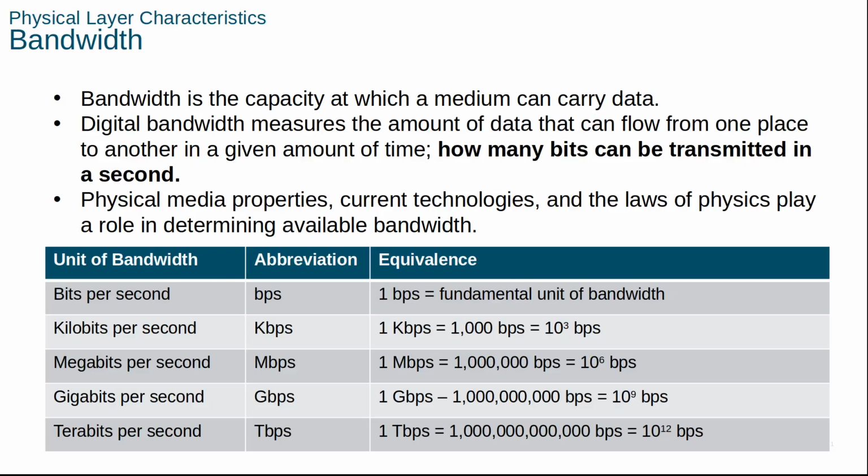We tend to use various units that you should be a bit familiar with by now, but maybe not. Should have at least heard in this day and age. Things like probably not bits per second or kilobits per second, but megabits and gigabits per second you've probably heard quite a bit, at least if you've signed up with an ISP or something like that, right? You usually talk about your connection speed in those terms. And terabits per second, you usually don't see that much unless you're dealing with corporate grade infrastructure where you require very, very fast connections.